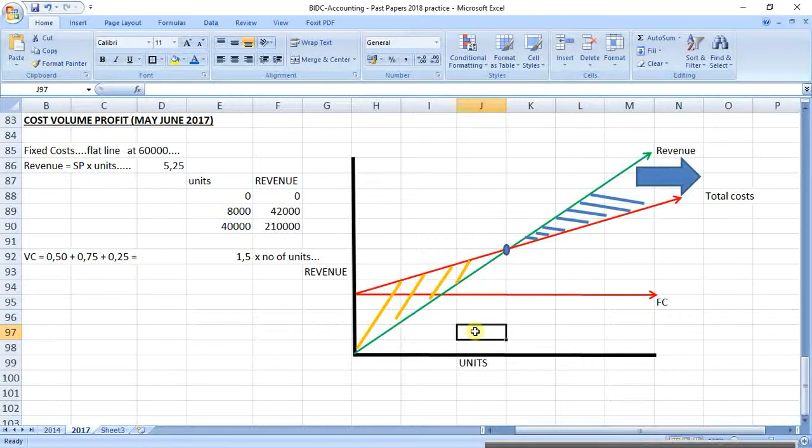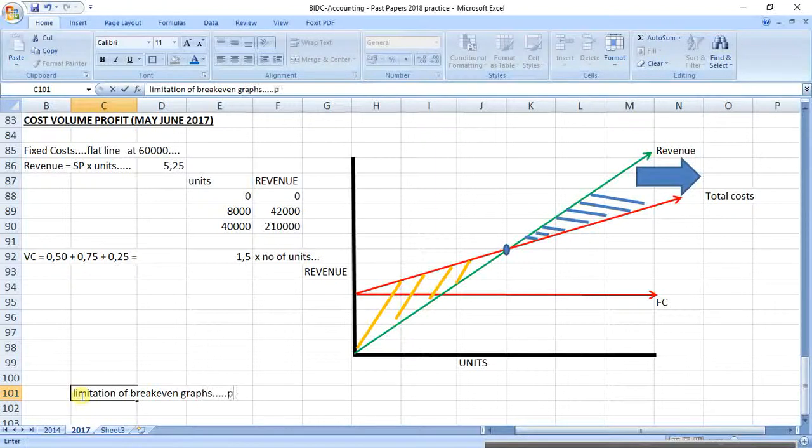Even the heading there: limitations of break-even graphs. Page 318.